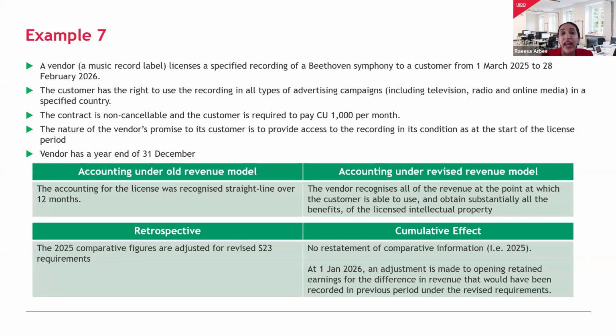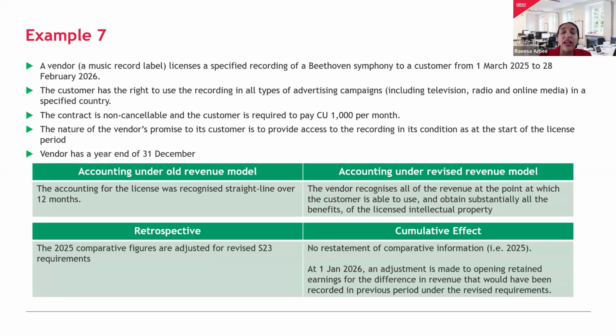The contract is non-cancelable and the customer is required to pay 1,000 currency units per month. The nature of the vendor's promise to the customer is to provide access to the recording in the condition at the start of the licensing period. And the vendor has a 31st of December year end.